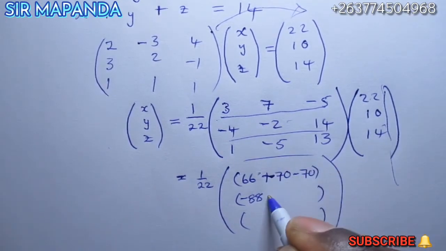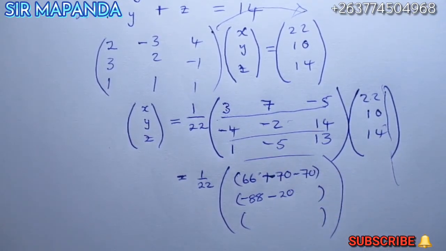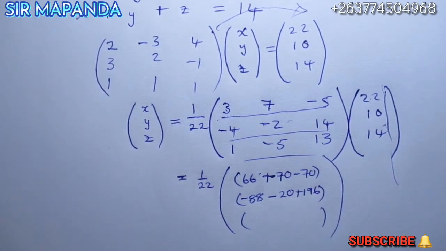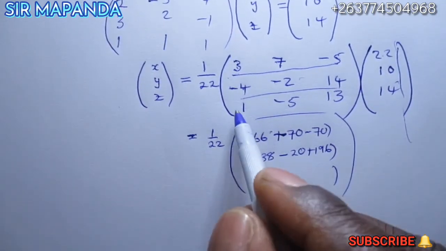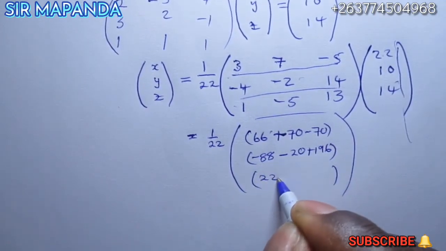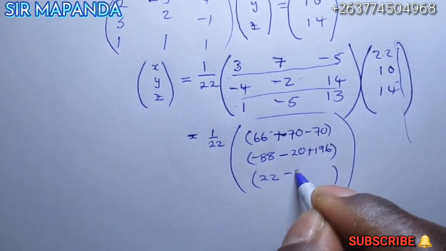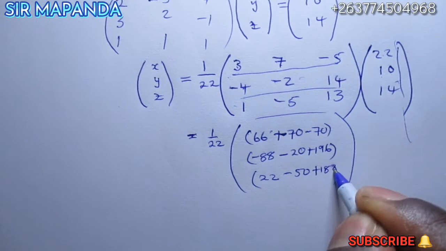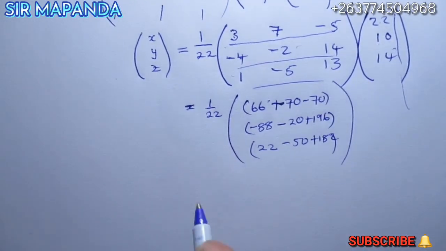Minus 2 times 10, you get minus 20. I hope you are following. Then 14 times 14, it gives you 196, so you write plus 196. Then you move on to the last row. 1 times 22, you get 22. Minus 5 times 10, you get minus 50. 13 times 14, 182. I hope you are following.